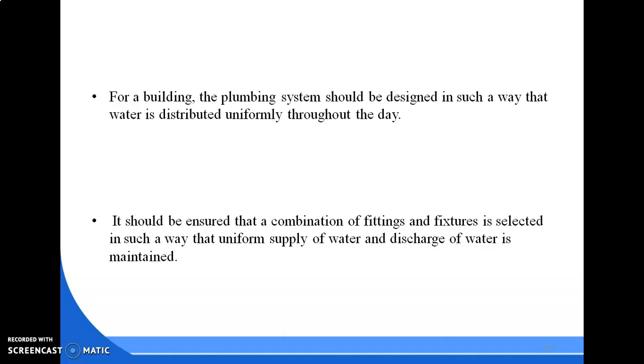And it should be ensured that a combination of fittings and fixtures is selected in such a way that uniform supply and discharge of water is maintained.